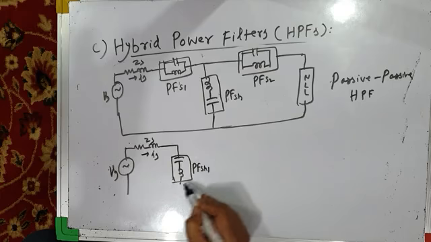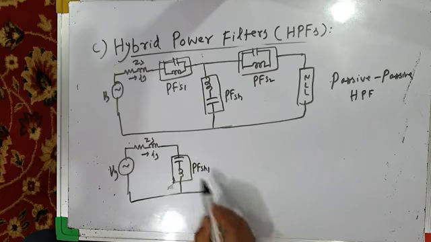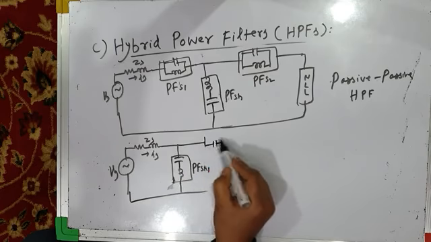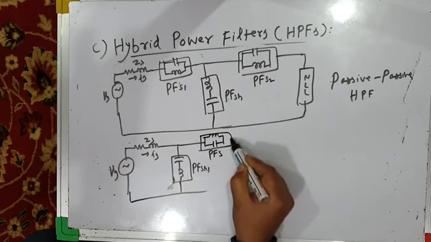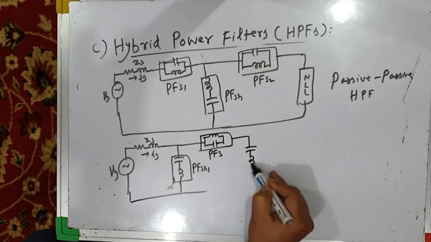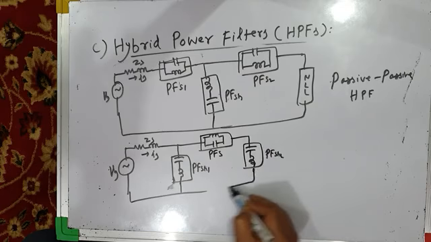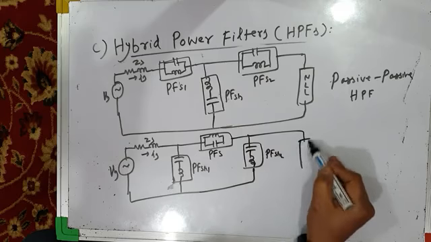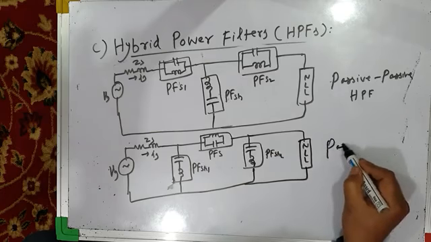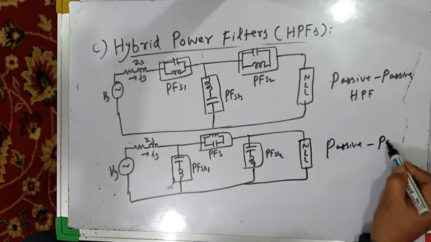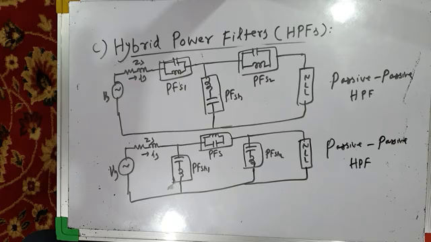This is PF-SH1, one shunt passive filter, and then you have a series passive filter, and you have another shunt passive filter, shunt 2. So two shunt and one series passive filter. This is another example of passive HPF, hybrid power filter, right?